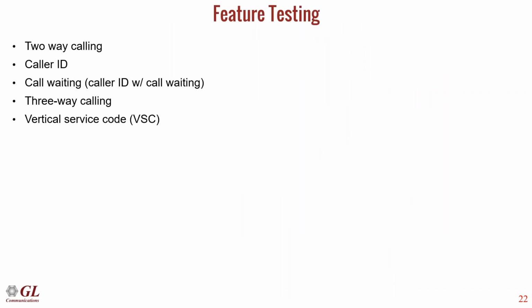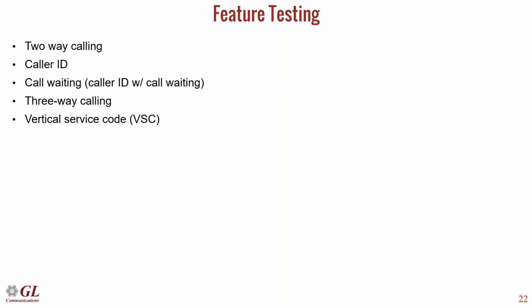Okay, so feature testing, we mentioned this briefly in the very beginning. So using the APS, we can do any type of feature testing you want based on what the network supports. So what does that mean? Well, first of all, we can detect the FSK, meaning the caller ID.